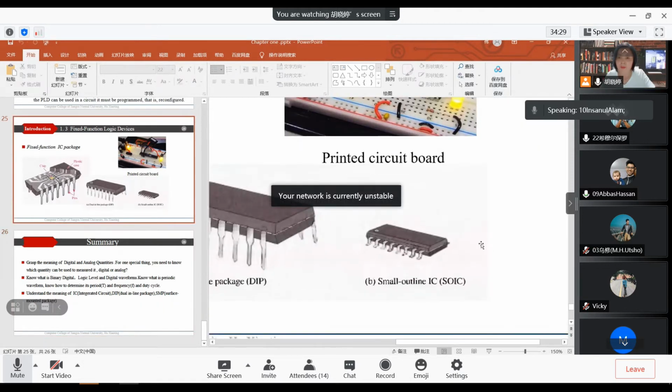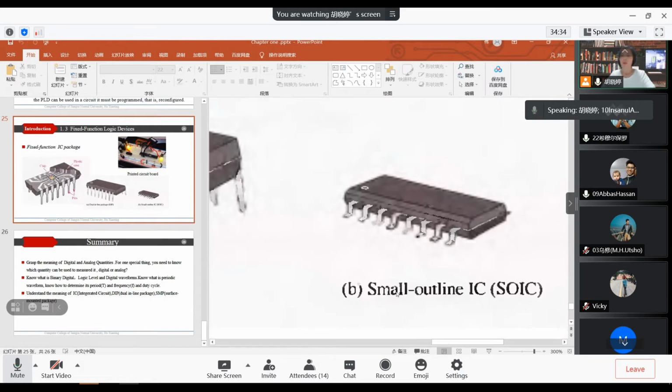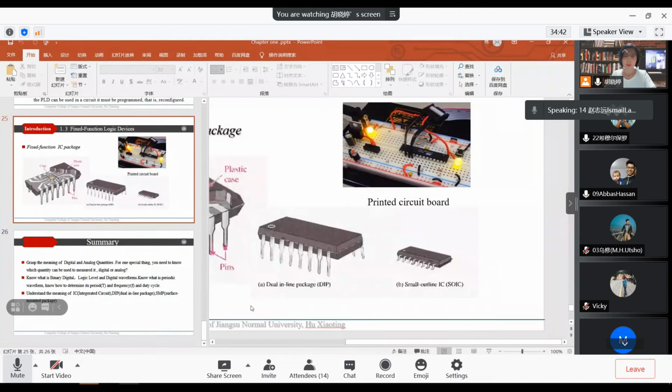Okay. Wait, I want to take a picture. Okay, thank you. And what is the function? It's used to implement what you put in.